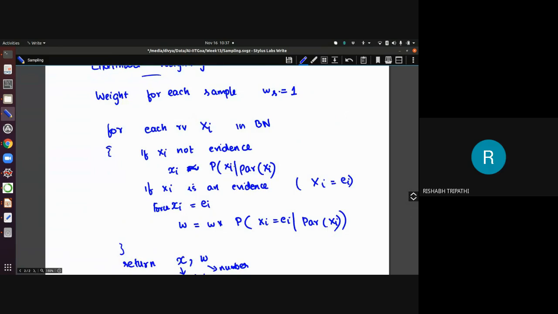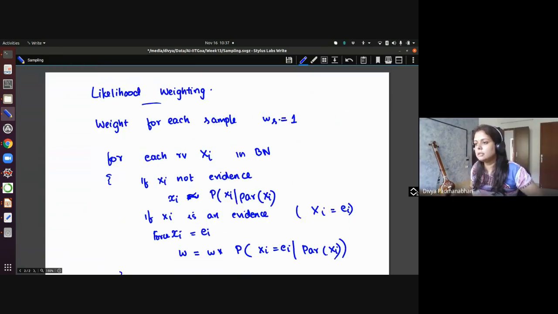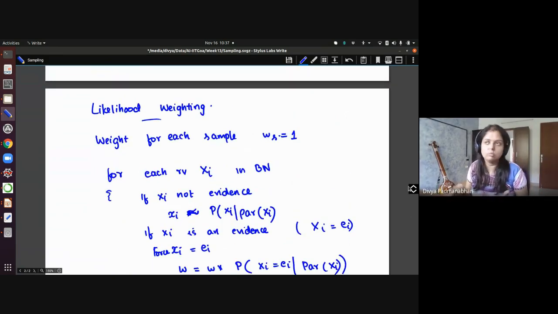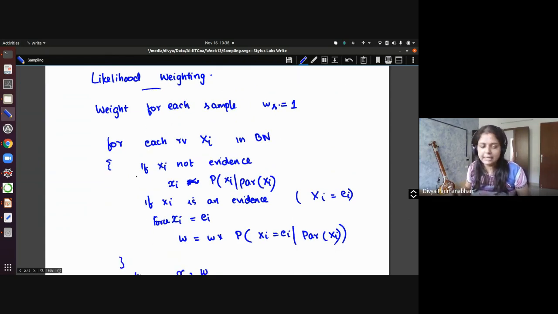Yes, ma'am. So what you do is, the idea is about not rejecting samples unnecessarily. You anyway generate the samples, but you just keep a weight for each sample. So you keep cycling through the Bayes net, and when you come across a random variable which is not an evidence variable, then you do the regular process.